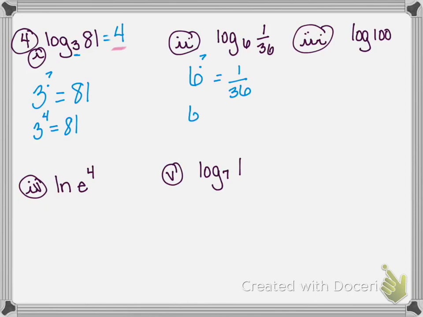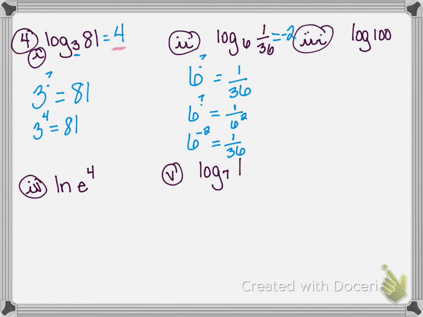I will remember that 6 squared is what gives me 36. So if I were to move that to the numerator, then that would be 6 to the negative 2 is what equals 1 over 36. So the answer to the second one is negative 2.